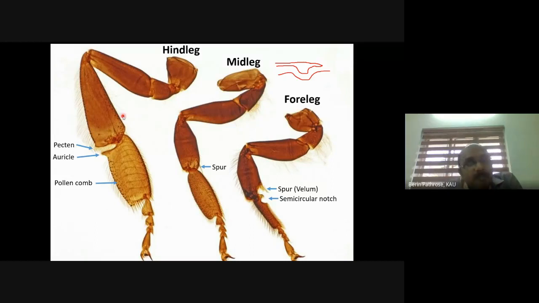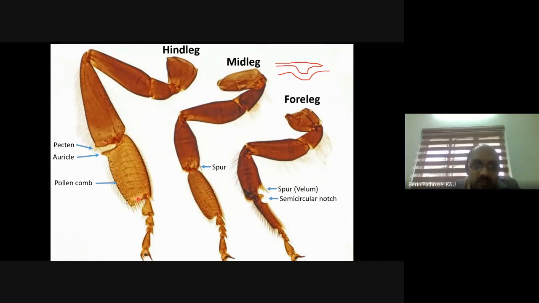And the third pair of leg is highly modified, extremely modified. This is modified for carrying the pollen grains. You can see this is the coxa, trochanter, femur, tibia, and the tarsal.